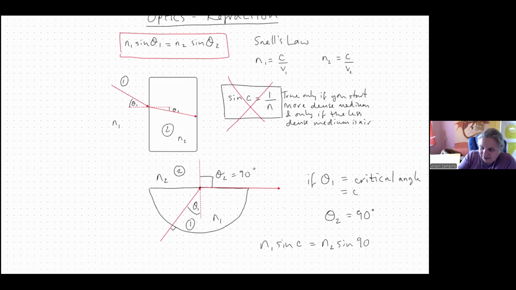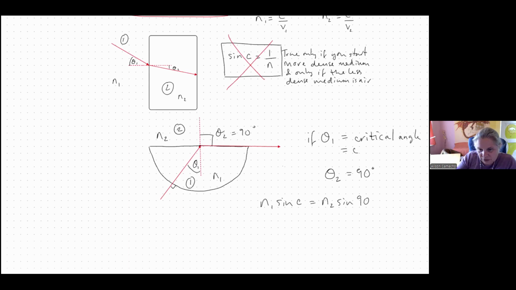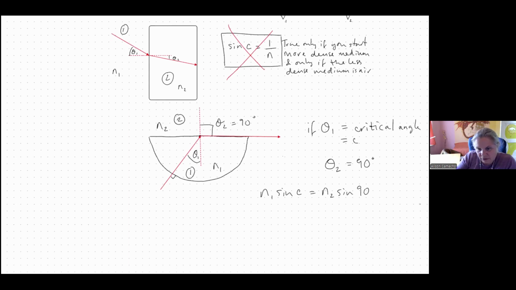And sine 90 is equal to 1, which is why this reduces to the equation I've crossed out. So sine C is equal to N2, the refractive index of air, which is 1, times sine 90, which is 1, so 1 times 1 is 1, divided by N1, the refractive index of my glass or block.